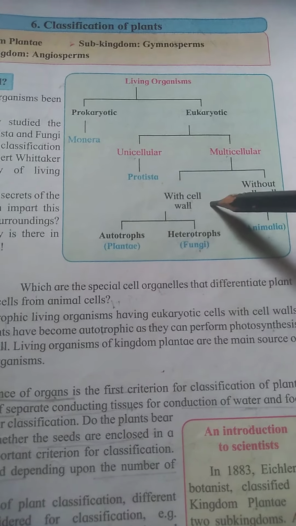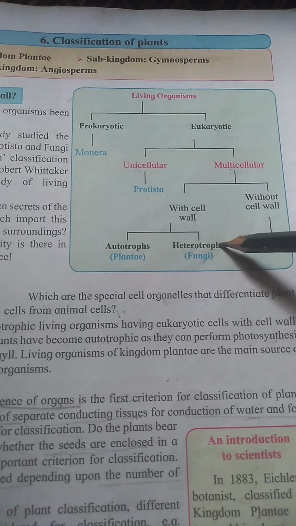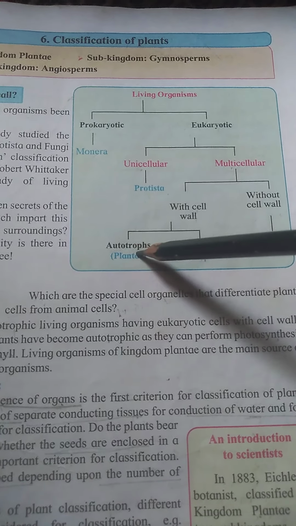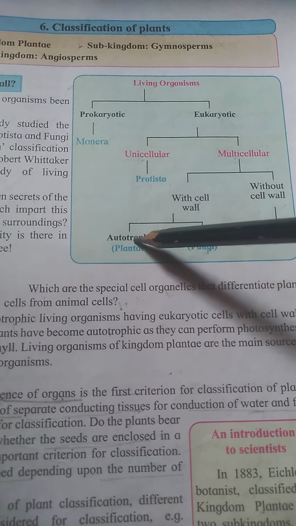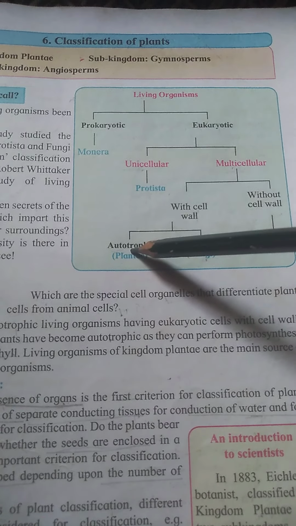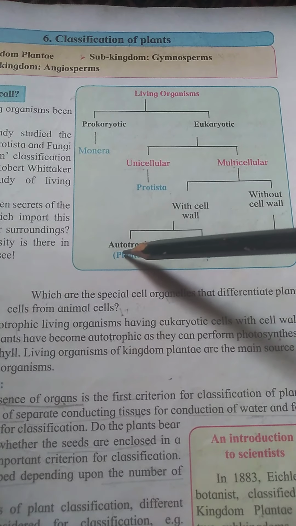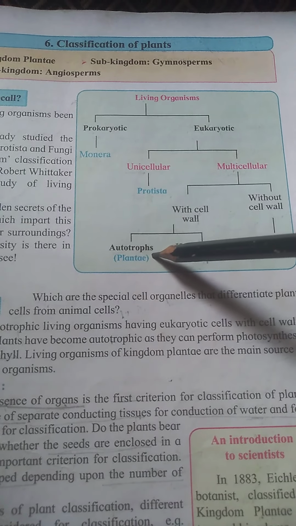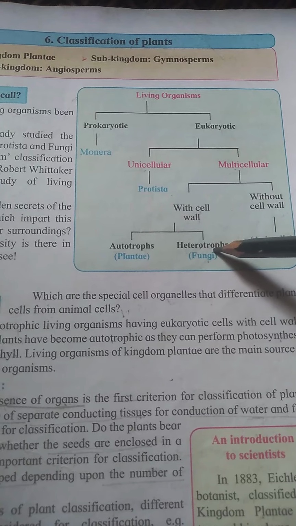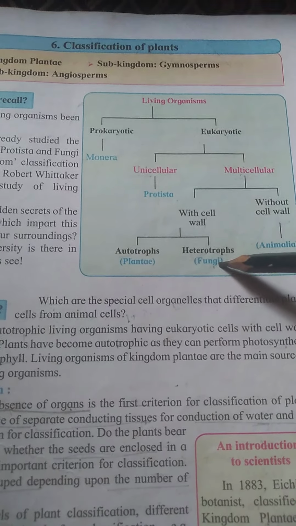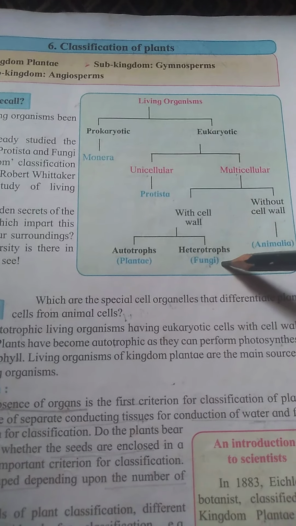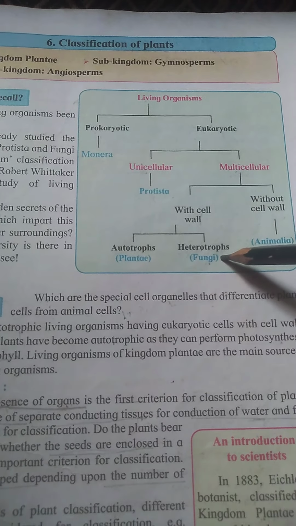And with cell wall, there are two types of organisms: one is autotrophs and the second is heterotrophs. What is the meaning of autotrophs? Auto means the organisms which prepare their own food. And heterotrophs means organisms which depend on other living organisms to get their energy.